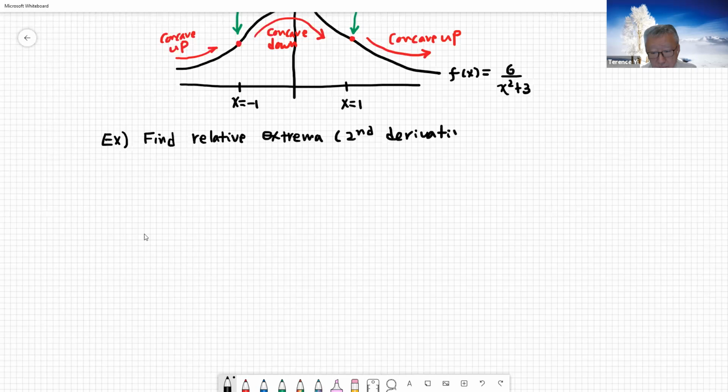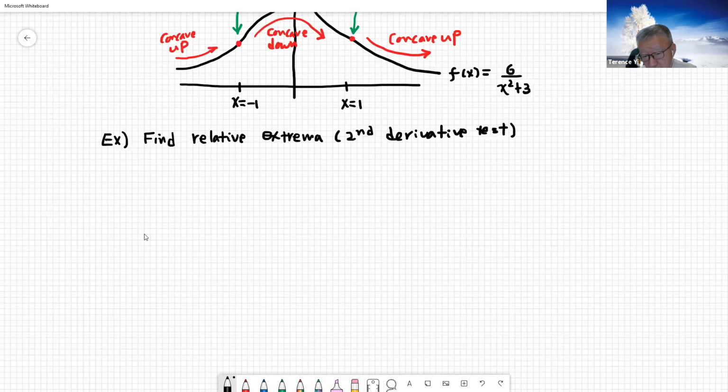If you want to do this using the first derivative test, then you have to differentiate the given function, create a table like what we just did, and find out on which intervals the function is increasing and decreasing. Then you look at the arrows going up and down, and down and up, and that's your first derivative test.